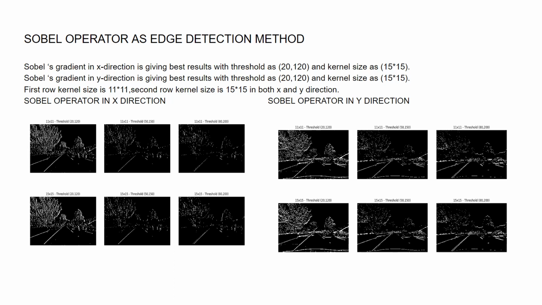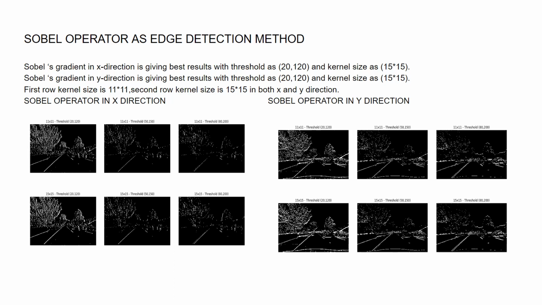Here we are also giving threshold values, which help us examine which pixel values should contribute to the edge detection, and the kernel size is also passed. Here we use 11 cross 11 and 15 cross 15 kernel sizes.